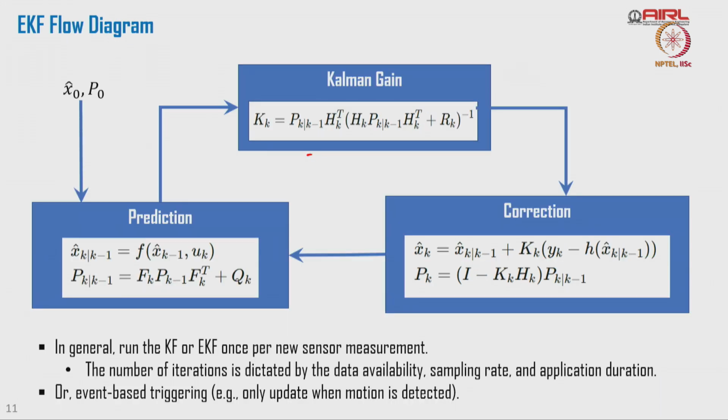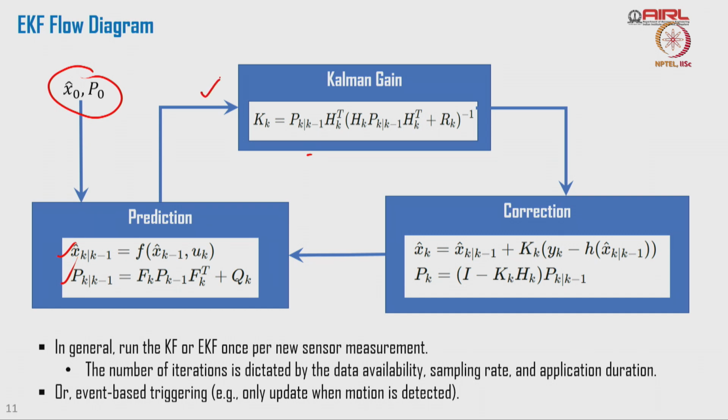So, this is the extended Kalman filter flow diagram. First we have to initialize the algorithm with the initial state and covariance. With that we predict the state and covariance for the next time instant. Once we get these two, then we go for the Kalman filter gain.